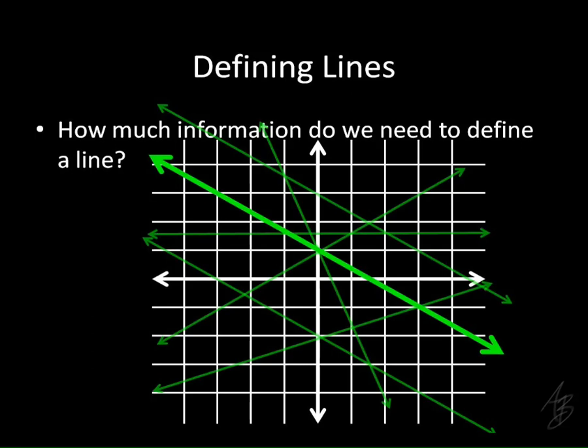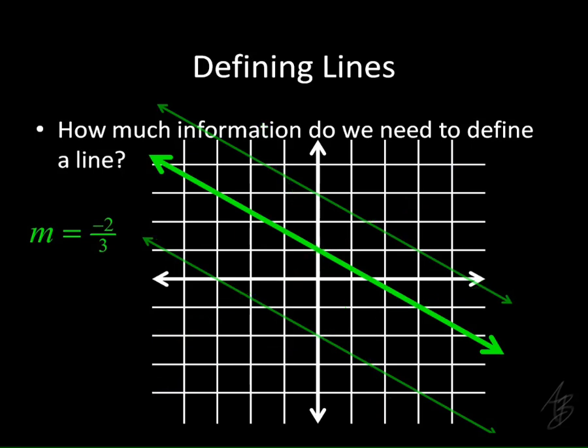Would it be enough for me to say I'm picking the line with a slope of -2/3? Why not? Yeah, there's more than just that line that has a slope of -2/3. In fact, among the lines that were up there, there are two other lines that have a slope of -2/3, so that's not enough.